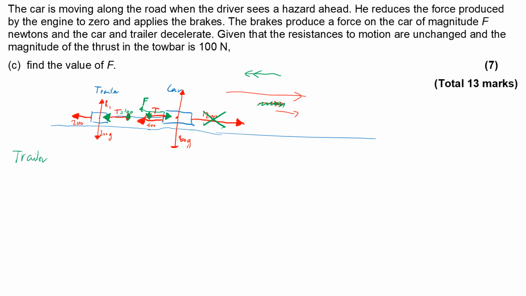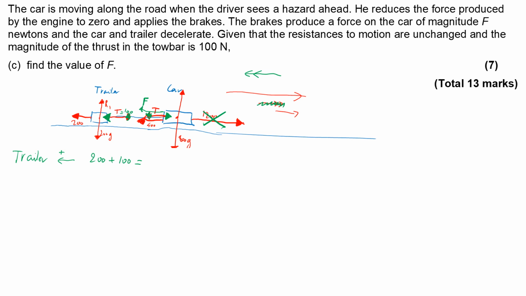I'm going to change direction as well this time, so I'm going to say my positive direction now is the direction of the acceleration. You don't have to. But what forces do I have? I've got the trailer resistance, which is 200, and I've got this thrust, the car trying to slow me down, which is 100. And that gives me my ma.